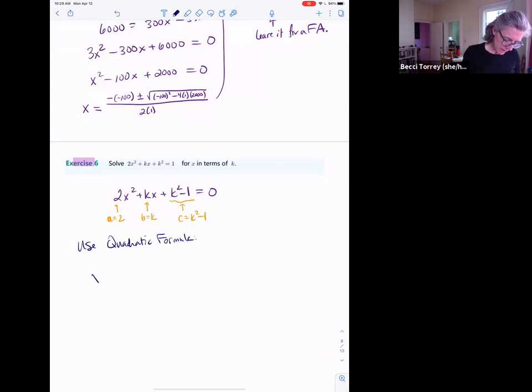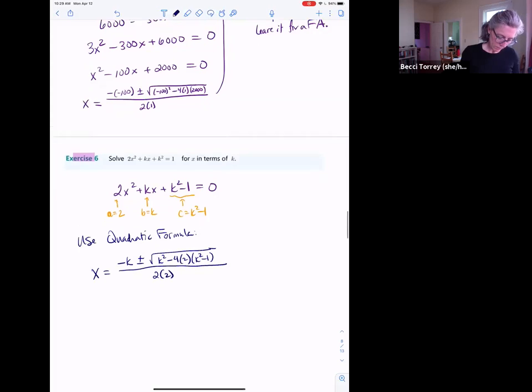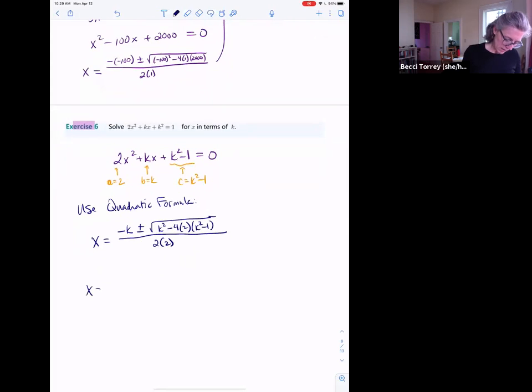So x is equal to negative b, so minus k, plus or minus square root of b squared, so that's k squared, minus 4 times a, which is 2, times c, which is k squared minus 1, all divided by 2 times a, which is 2 times 2. So x is equal to minus k, we can maybe simplify this a little bit, plus or minus the square root of k squared minus, so here we have to distribute.